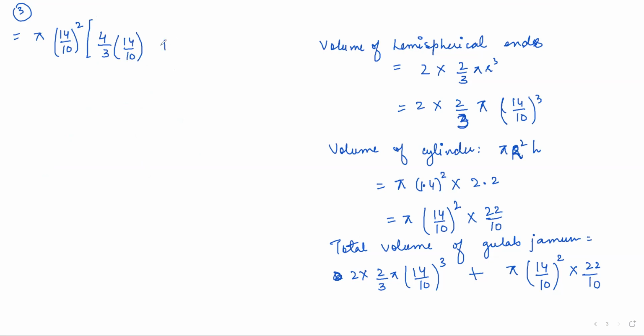Okay. And then plus, pi is outside, square is outside, so only 22 by 10 is remaining here. Now you put the value, so 22 by 7 into this 14 by 10 whole square, and you try to solve it. So the LCM will be 30 and 10 will be 30, right? 30 and 10, 30 LCM or not?